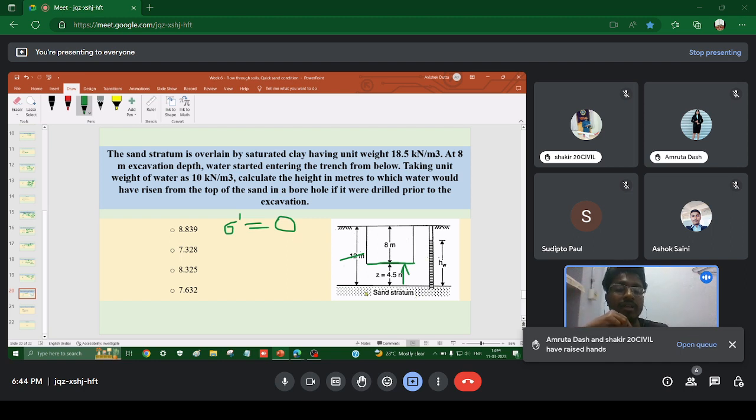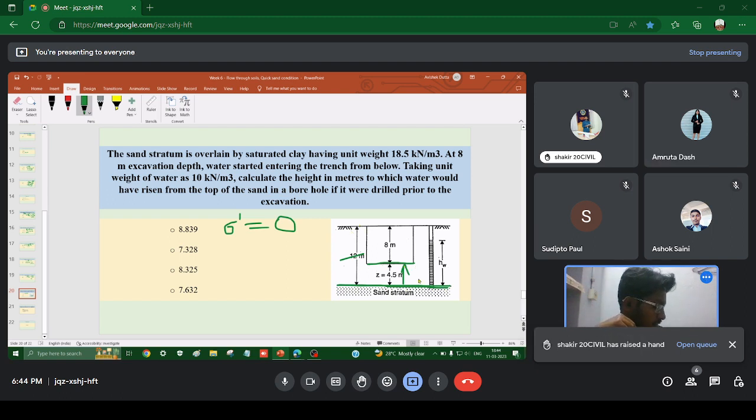Now we are considering the effective pressure on the sand stratum. It is equal to the total pressure of this clay layer minus the upward pressure exerted by the water.